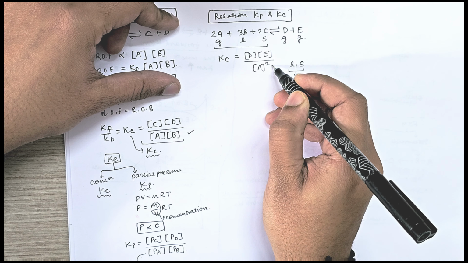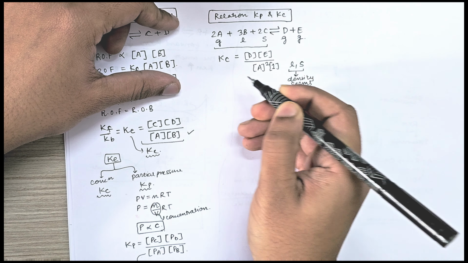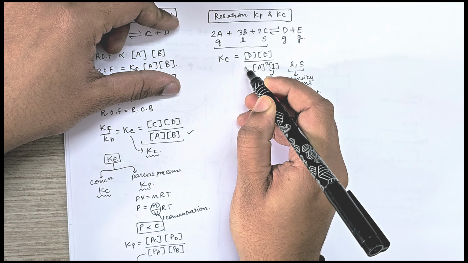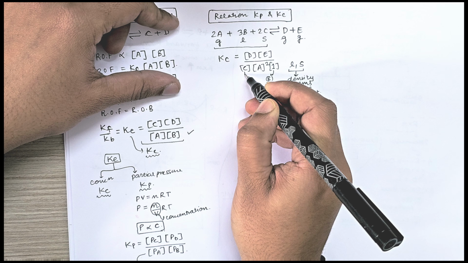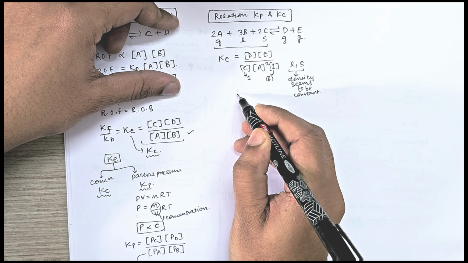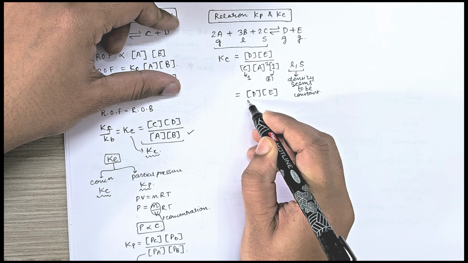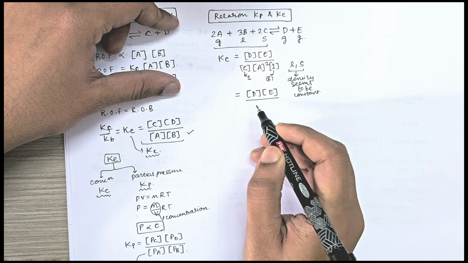Overall you take the concentration as 1 for B and for C. So overall it becomes the concentration of D multiplied by the concentration of E, the active masses respectively.